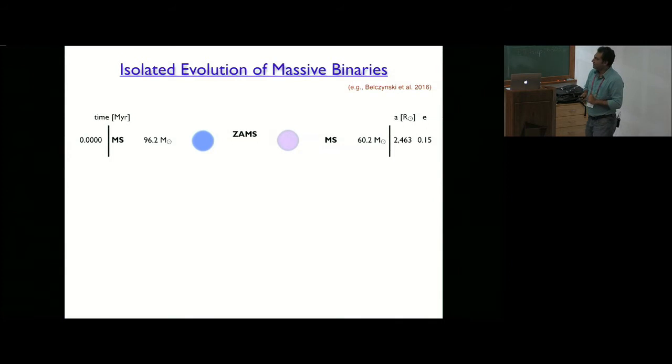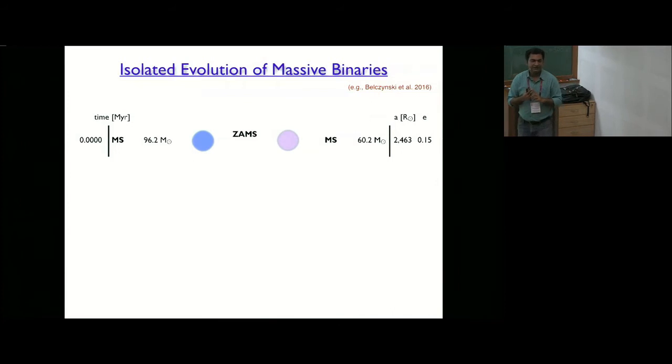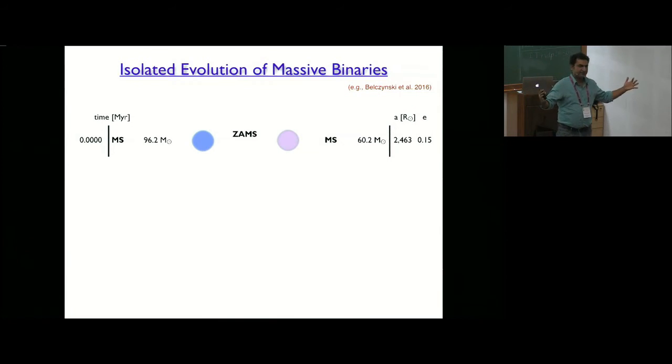Okay? So the kind of things you have to be careful about is the more the mass, the bigger the radius. So they have to be at least separated more than the sum of their radii. Actually, it's much bigger they will have to be because of tidal forces.